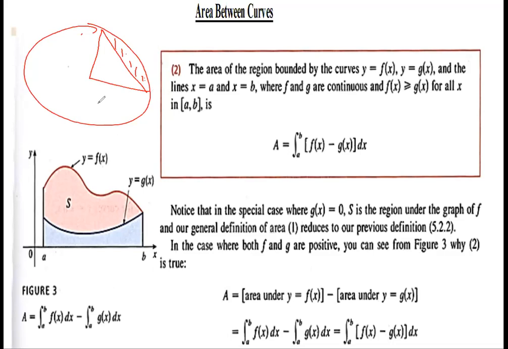And that's basically what you're doing here. That's what this is saying. If you were to separate these two, putting this integral sign around the f(x) and then the integral sign around the g(x), it's really the difference of 2 areas, right? So what you've got to figure out is which is the greater curve, in this case f being the one on top and g(x) being the one at the bottom.